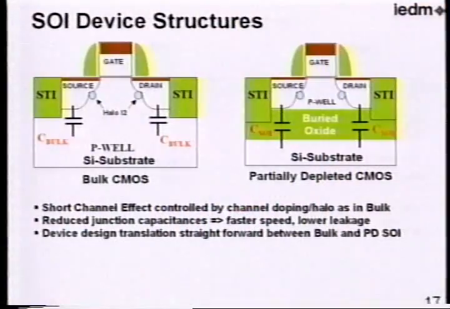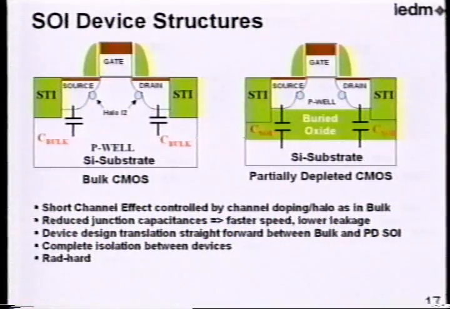And so that would imply that you would have better speed for the device, lower leakage, and so forth. Also, the device design translates straightforwardly, like I said, the bulk processing goes right into this type of design. Complete isolation, as I said, this box is built around the device, so it's isolated from all the other devices. And these typically, because of the oxide thicknesses and the thinness of this body, are reasonably rad hard.